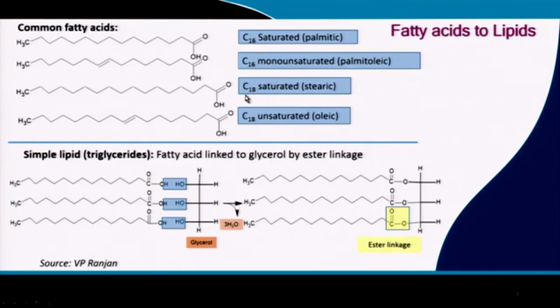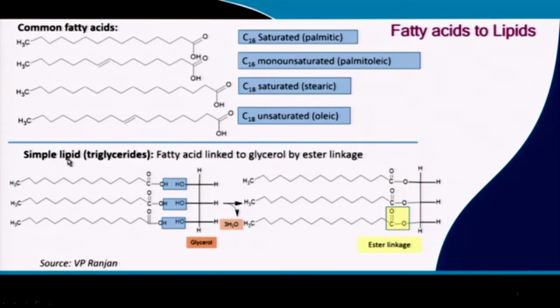Then we come to another C18 molecule, which is stearic fatty acid, and that's completely saturated, and that is followed by oleic acid, and that is another C18 molecule with a single unsaturated bond. So again, this is a mono unsaturated fatty acid. What is the importance of these? These fatty acids are going to be linked to, let's say, something like a glycerol molecule.